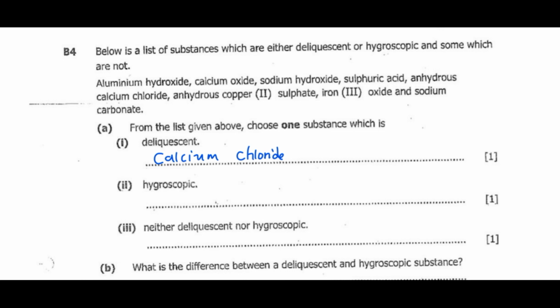Then hygroscopic is defined as a substance that attracts and holds water molecules from the environment. Which substance can do this? That is sulfuric acid. Then neither deliquescent nor hygroscopic is aluminium hydroxide.